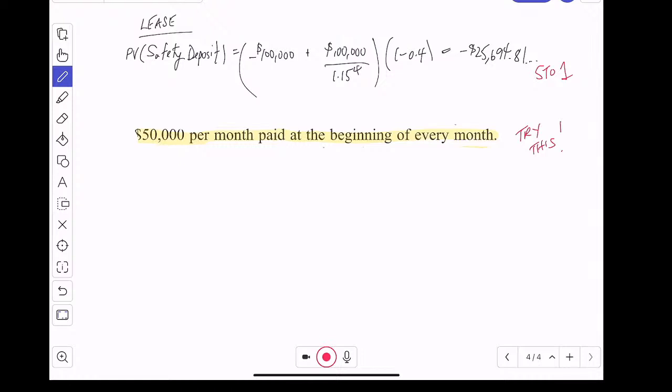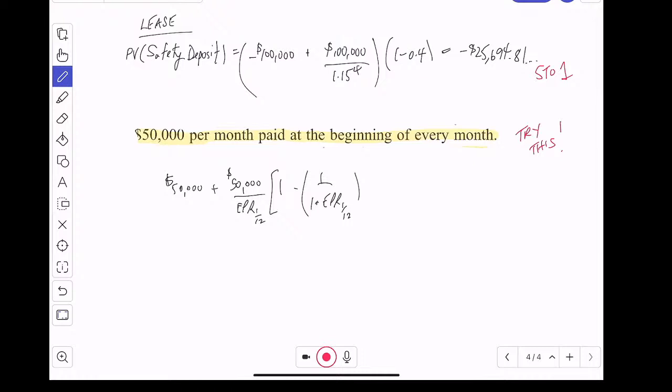How's it going? So this is an annuity due. So you have to write this down as 50,000 plus 50,000 and you can put the monthly rate as an annuity for 47 months.